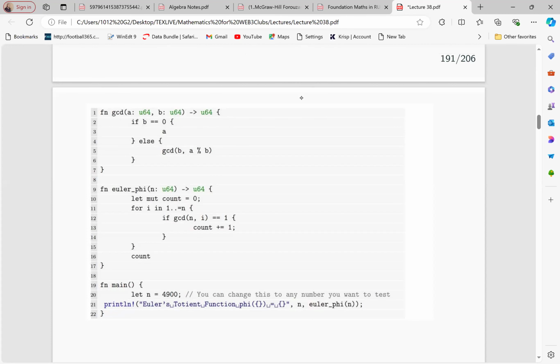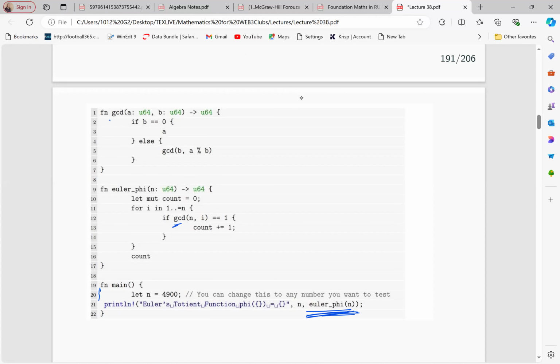First of all, this is where you input the numbers. This is the main function, and the main function will call on the relatively prime function, and the relatively prime function, of course, will call on the GCD.